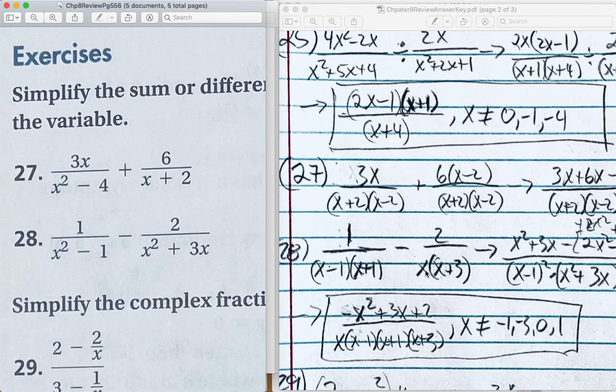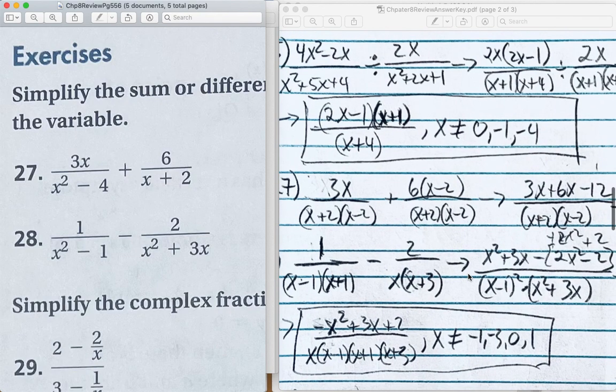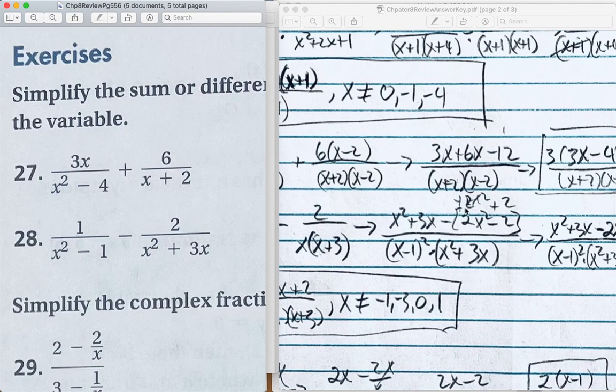At this point, on the left-hand side, I'm multiplying top and bottom by x times x plus 3. On the right-hand side, I'm multiplying top and bottom by x minus 1, x plus 1. And that's what I do over here, and go through all the math.